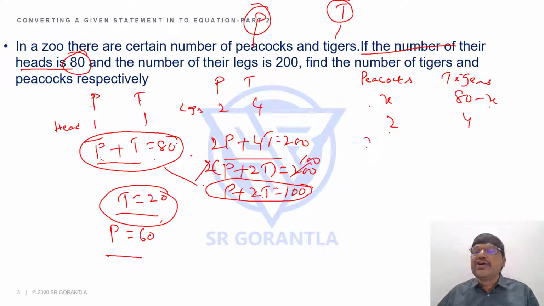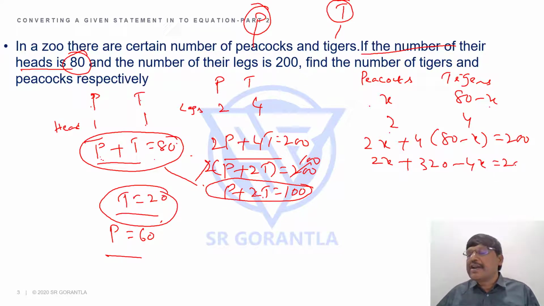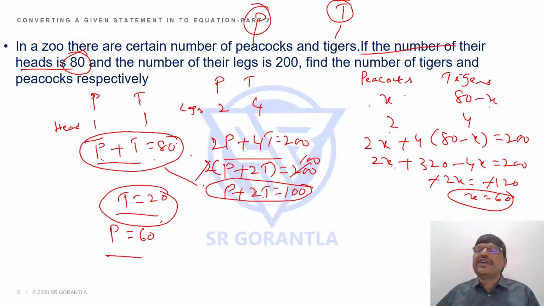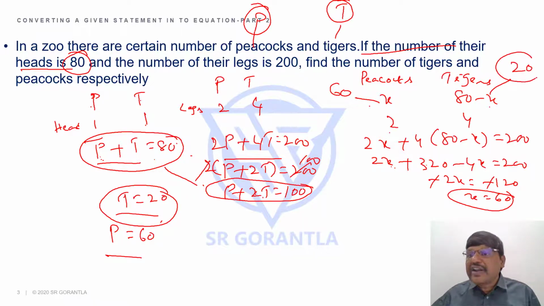I can directly write 2 into X, 2X plus 4 into 80 minus X equals 200. You can see, students, 2X plus 320 minus 4X equals 200. What happens? Minus 2X equals minus 120, or I can say X equals 60. Once X equals 60, what will be 80 minus 60? 20. Can you say it or not? Yes. So, this is another way of doing it, students.